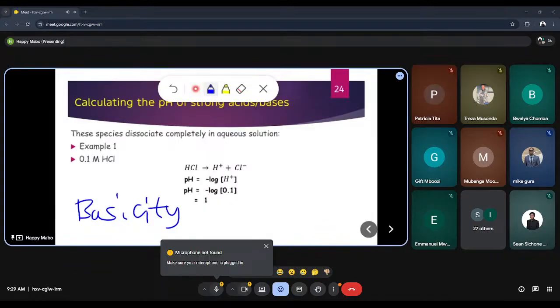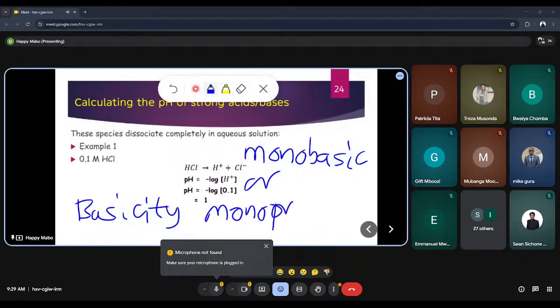You have monobasic, or you have monoprotic acids. HCl is a very good example of a monoprotic acid.